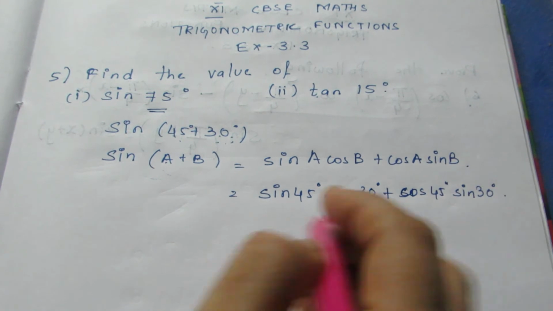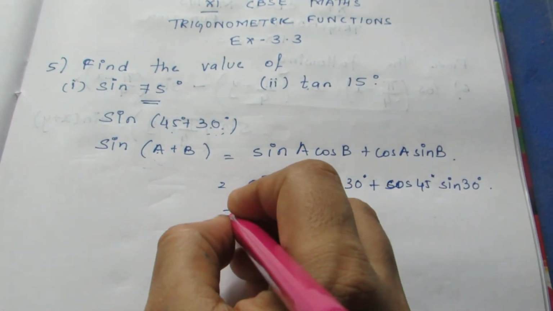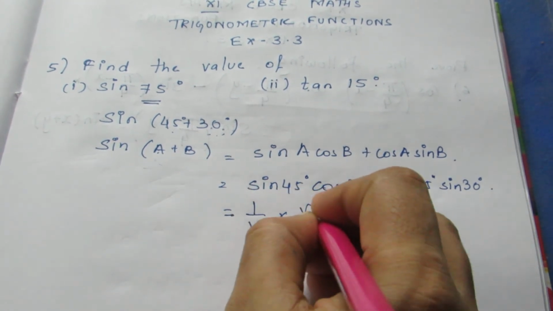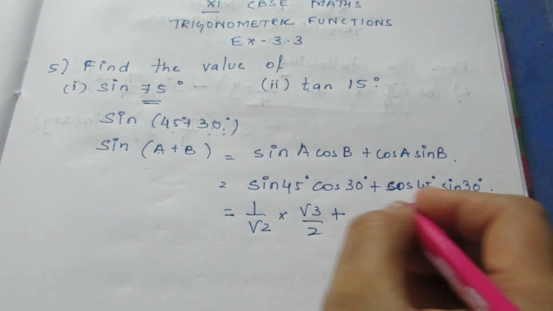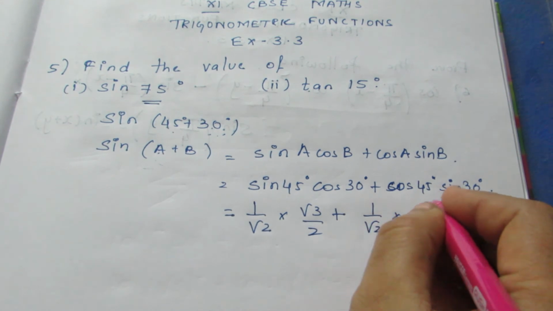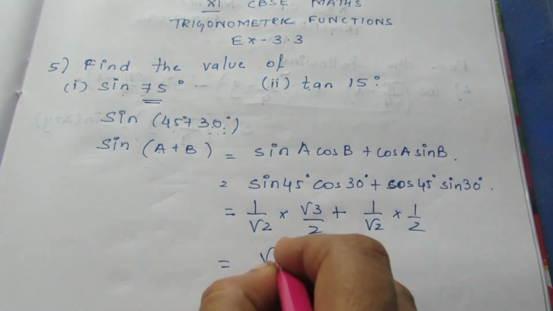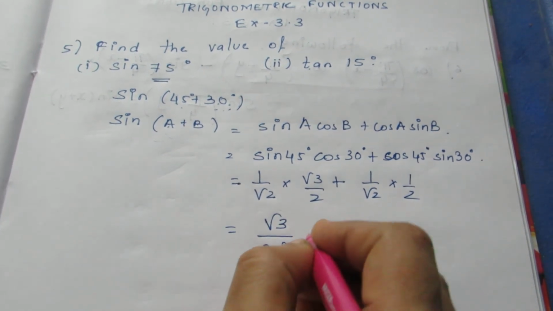Now I know the sine and cos values of 45 and 30, so I am just going to substitute them. Here it becomes 1 by root 2 into root 3 by 2 for cos 30, plus cos 45 is 1 by root 2, into sin 30 which is 1 by 2. Now multiply numerator into numerator and denominator into denominator.